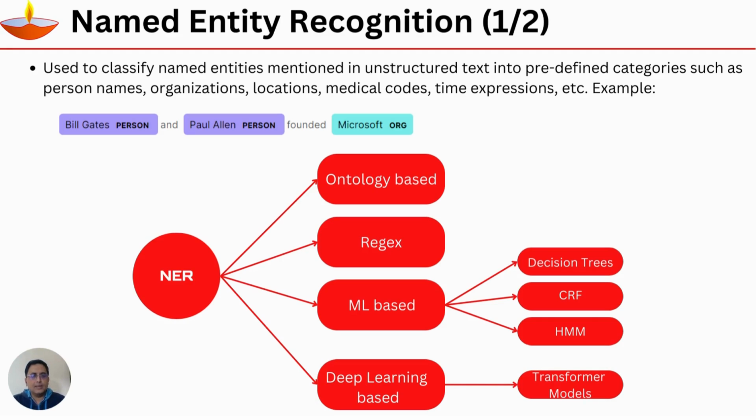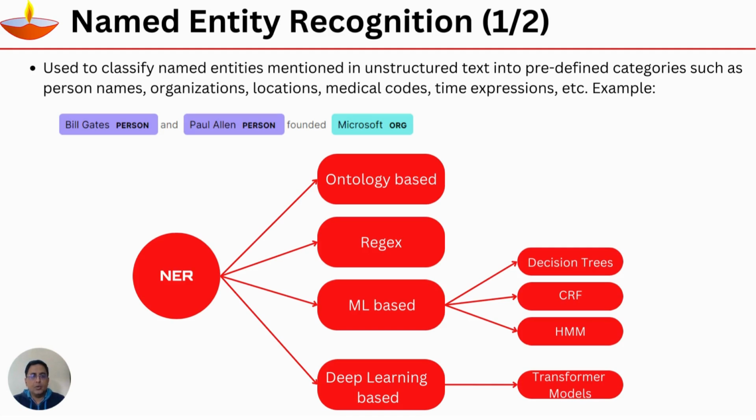If you look at this particular sentence, Bill Gates and Paul Allen are person-related entities, and Microsoft is an org-related entity, right? So the idea behind NER is to first detect the presence of the entities in the sentence and then classify them to the specific labels.